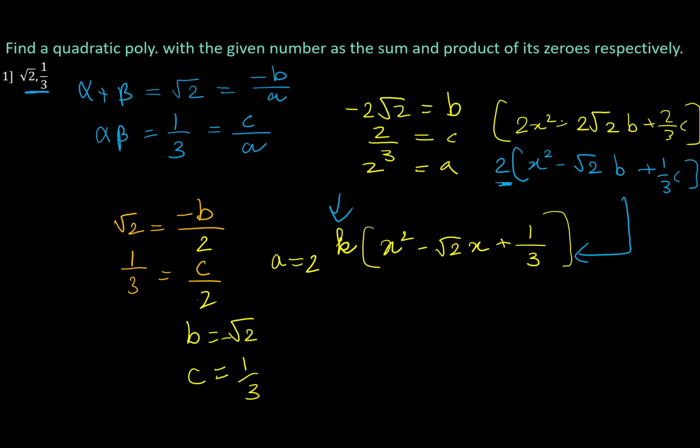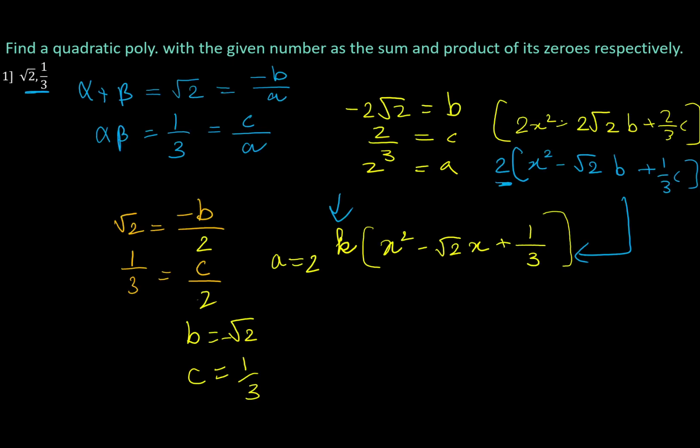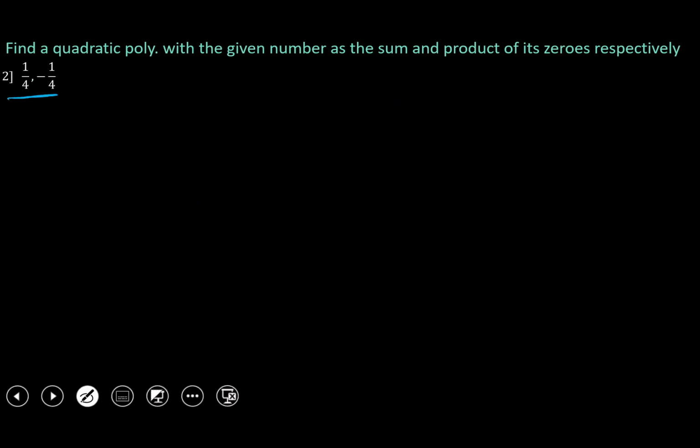Now let's do a similar question in which 1 by 4 and minus 1 by 4 are given as the sum and product, and also to tell that these are taken from exercise 2.2 question 2. This one is the second part and this one is the fifth part which we're doing. Okay, now let's see here.